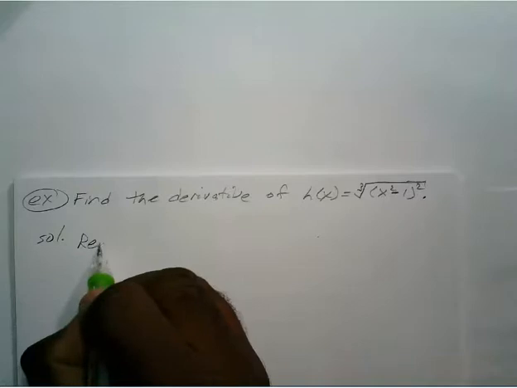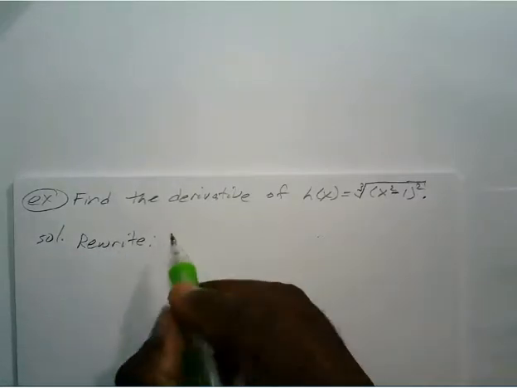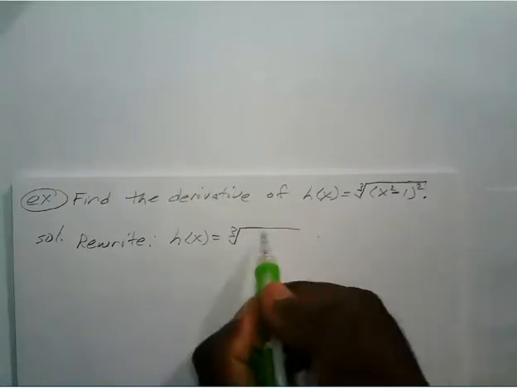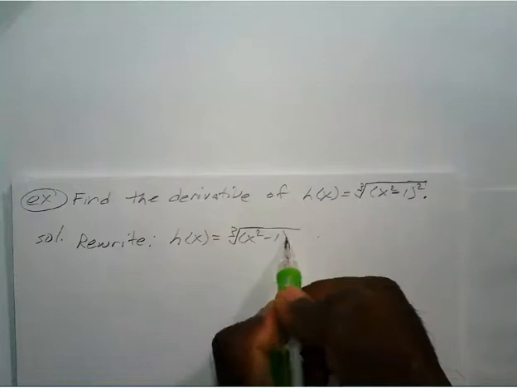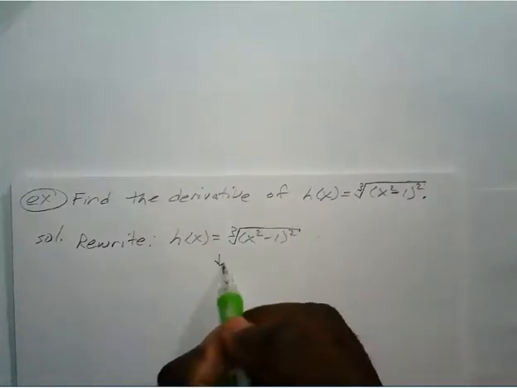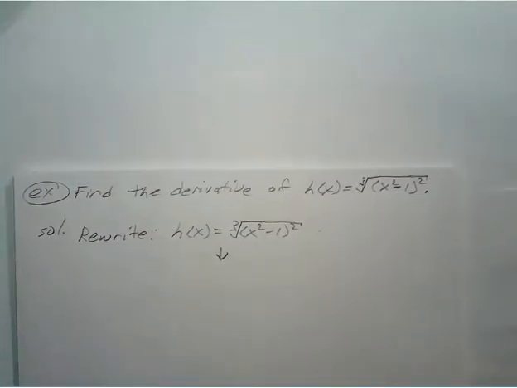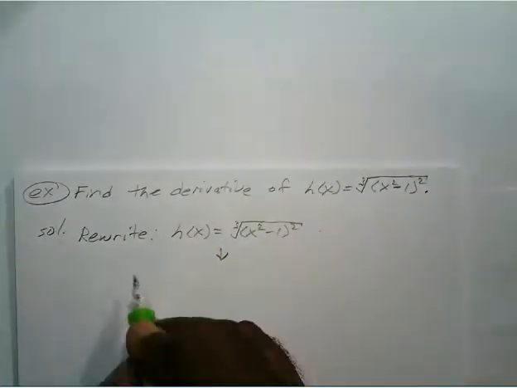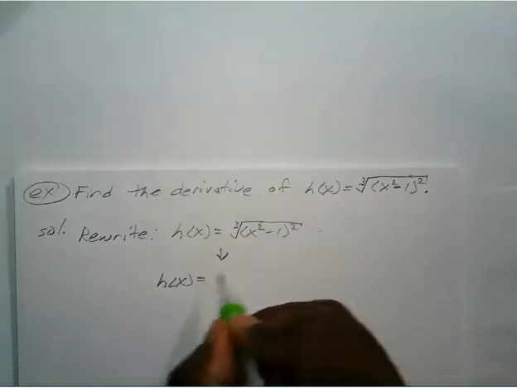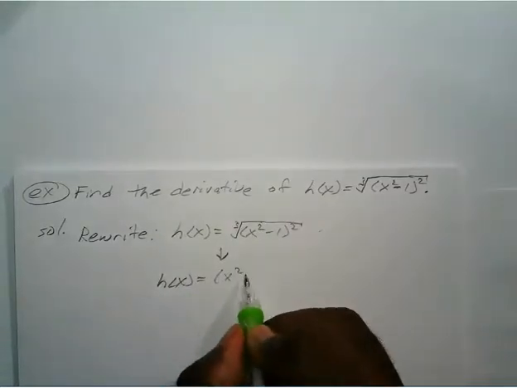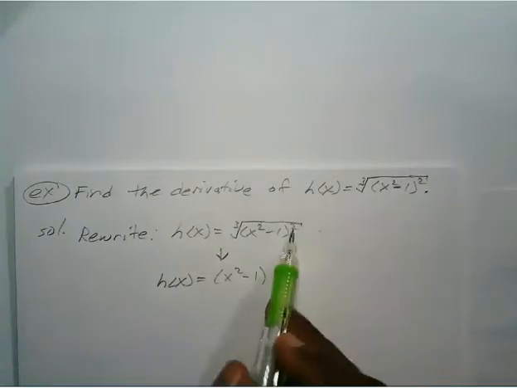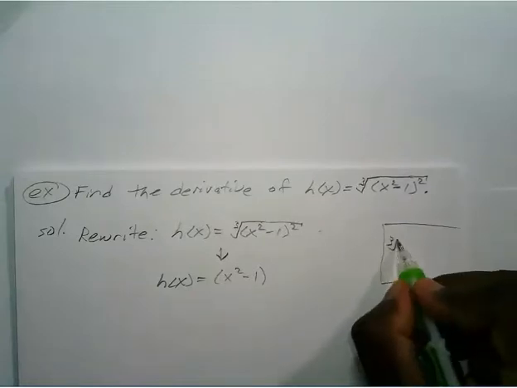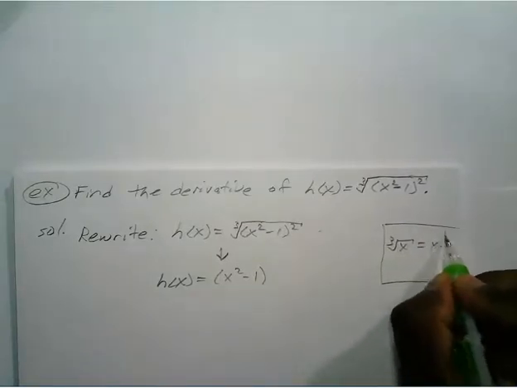Okay, so we rewrite it. So h of x equals the cube root of x squared minus 1, squared. That will now become, let me make that 3 a little bit smaller. Looks a little odd being that big. There we go. It'll be h of x equals x squared minus 1, to the 2/3 power, because remember, the cube root of x is equal to x to the 1/3 power.